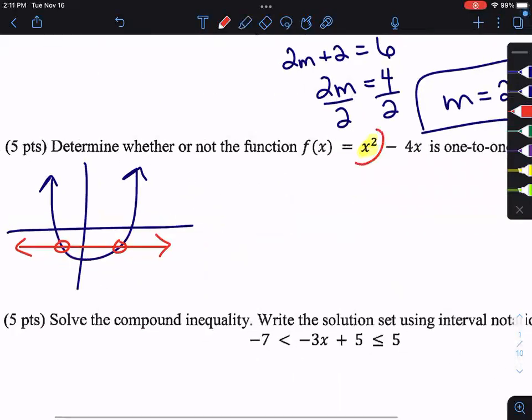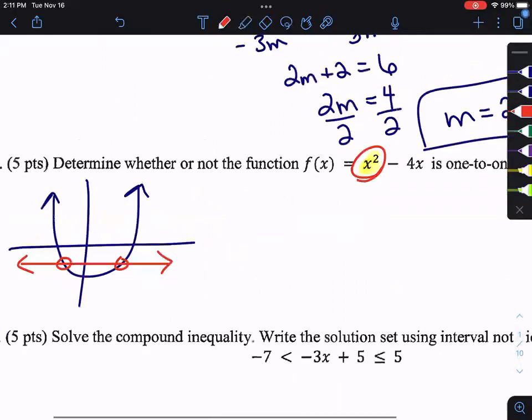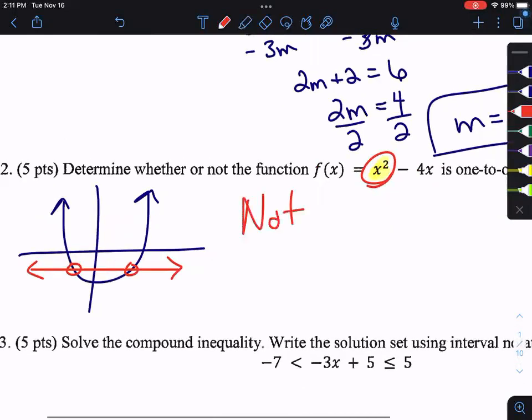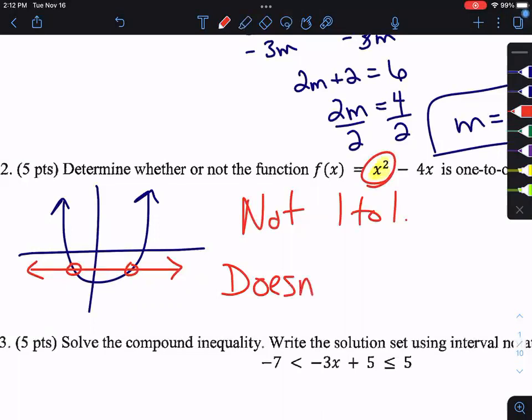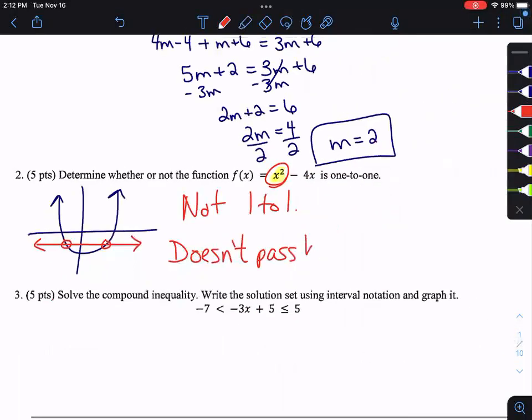So anytime your parent function is x squared, this is not 1-to-1. The reasoning behind that would be that it does not pass the horizontal line test.